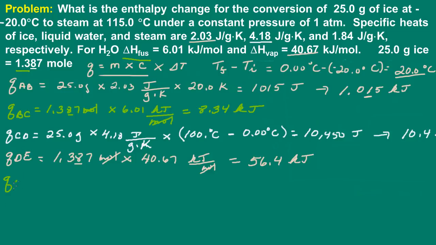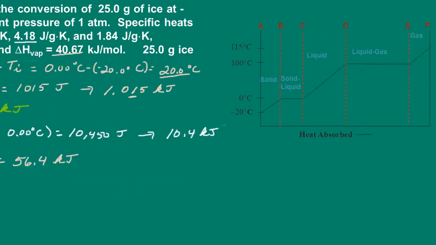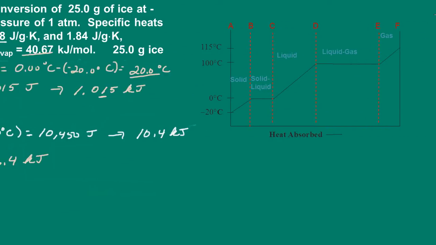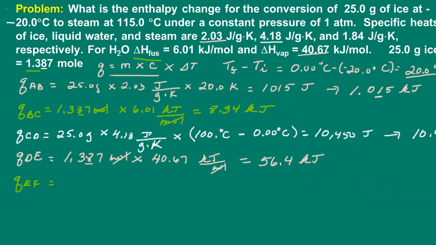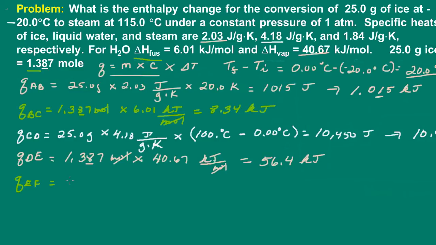So let's see. This will be from E to F. So let's go back to the diagram and look at that region. And here, that steam is being heated, going from 100 degrees up to 115 degrees Celsius. So let's set this up.